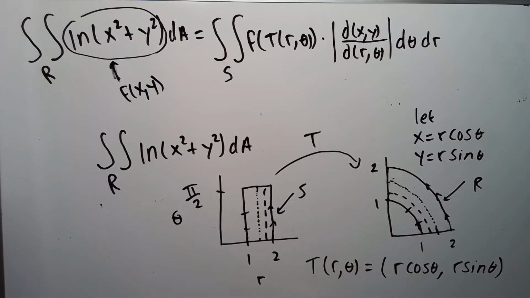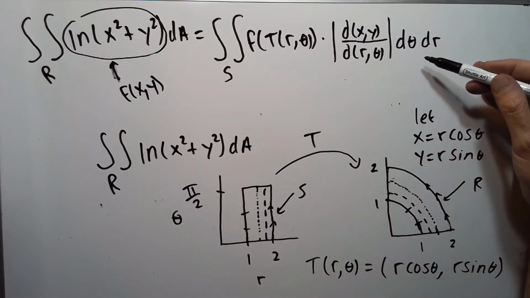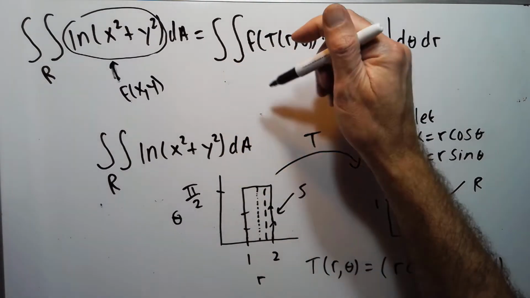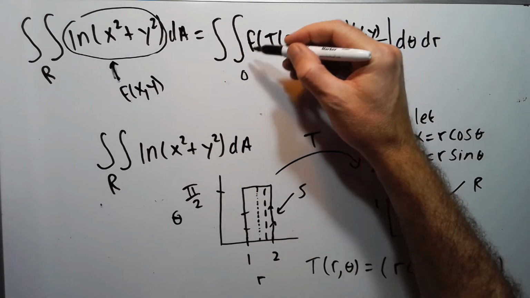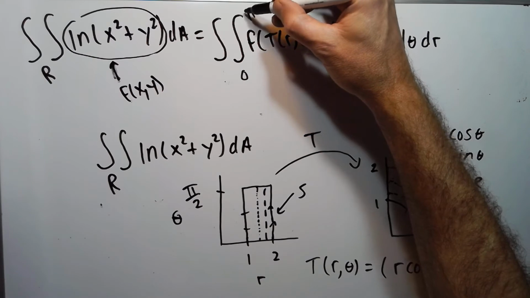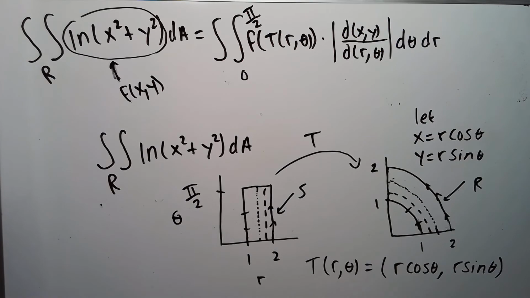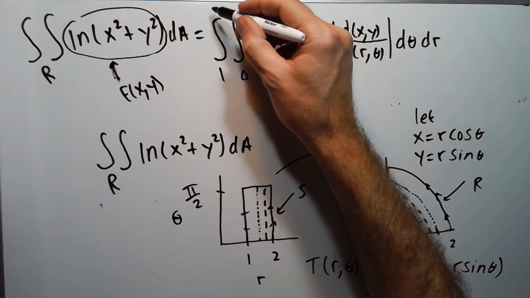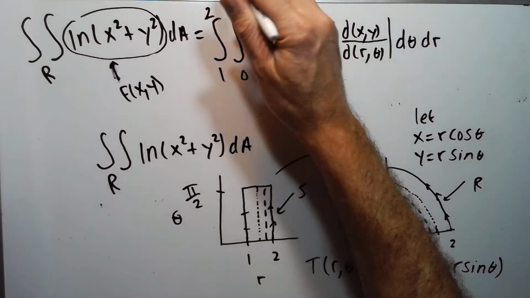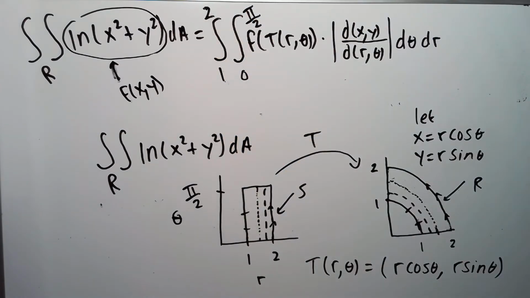Okay, and our S here is this rectangular region, so we're doing theta first, so it'll be from 0 to pi over 2, and then the r goes from 1 to 2. Okay, so we still have to find our Jacobian and our f of T of r, theta. So let's do that.